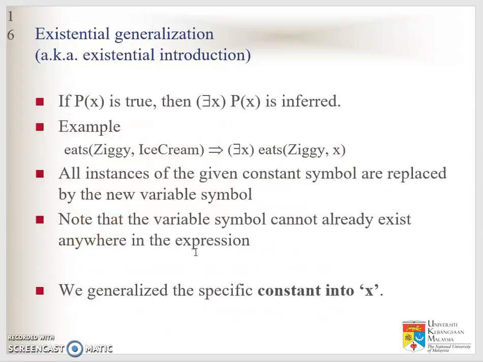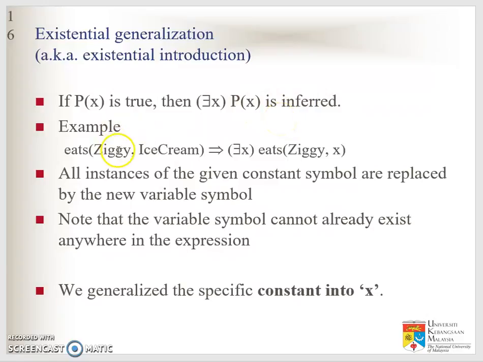And then we have existential generalization, or existential introduction. So we introduce the there exists form. If P(c) is true, then there exists x where P(x) is inferred.